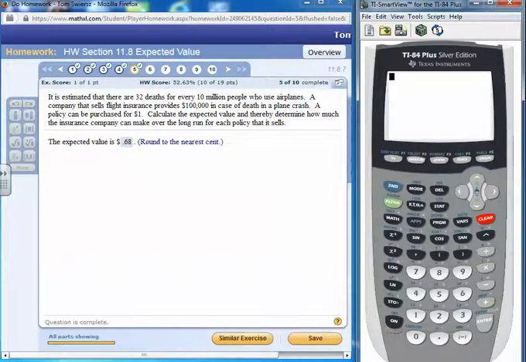So again, it is negative 99,999 times the probability that they die, which is 32 divided by 10 million.